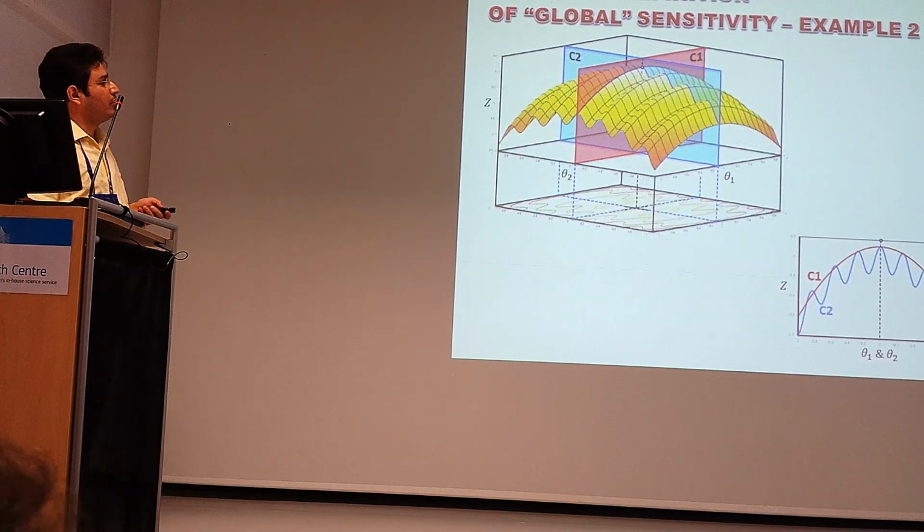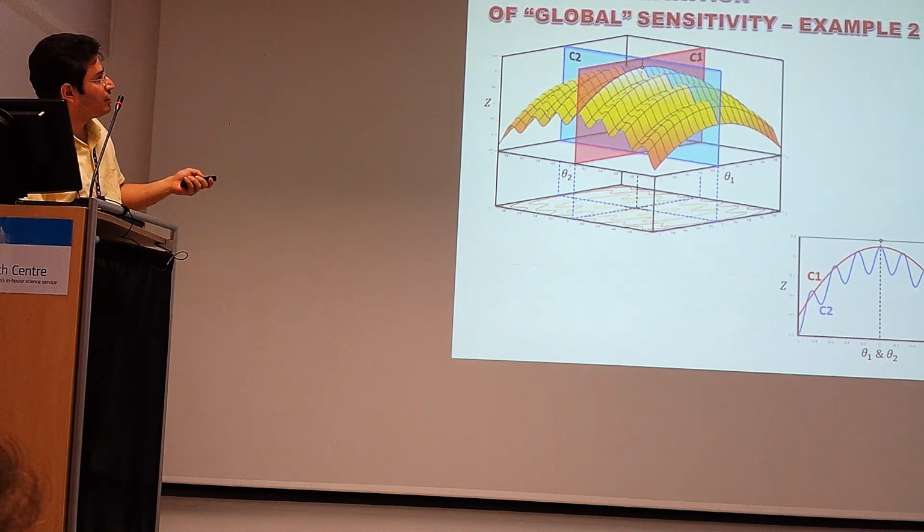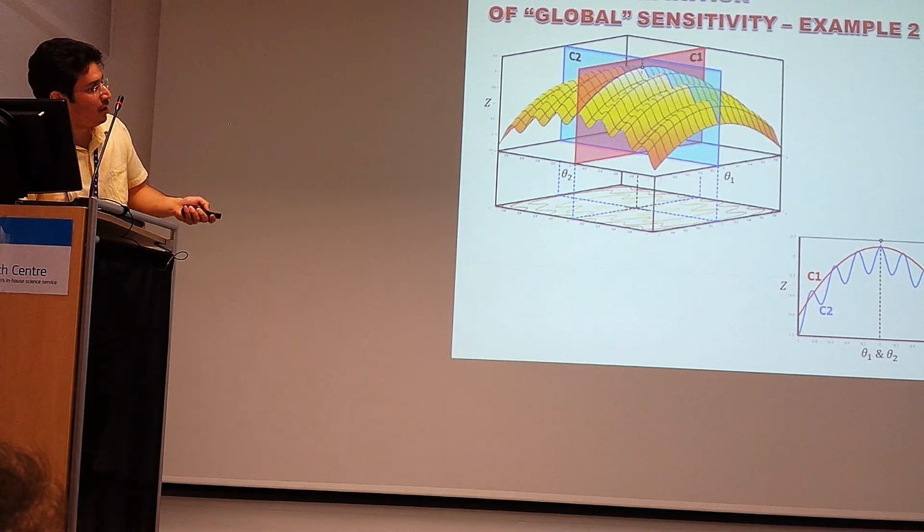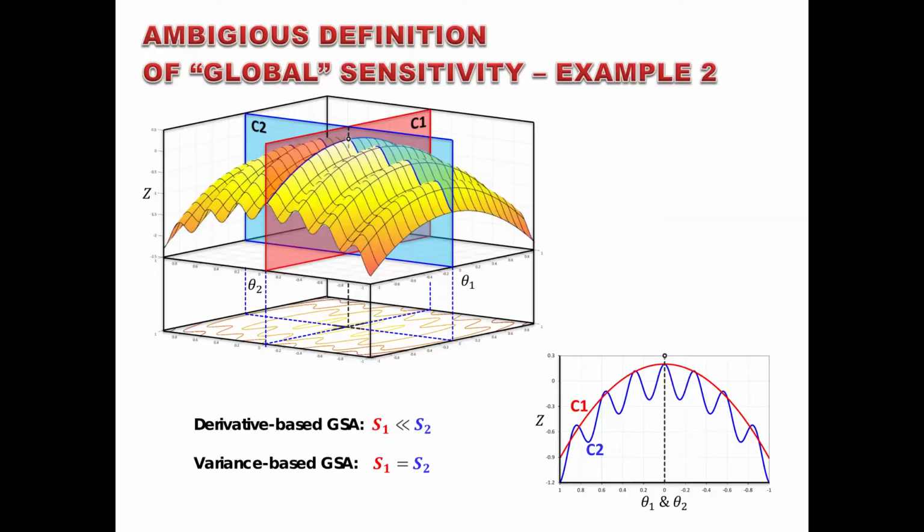So a second example. Now, in one direction I still have that nice quadratic function, but in the other one I keep that dominant mode but add fluctuations. Now which one is more sensitive?